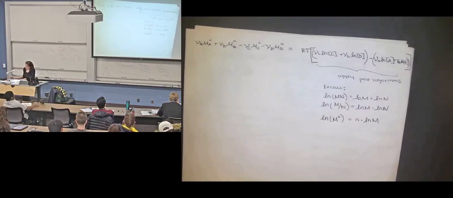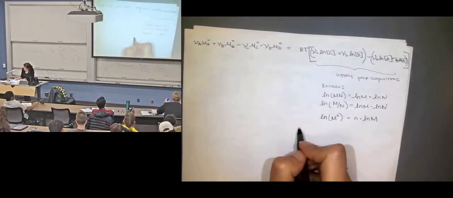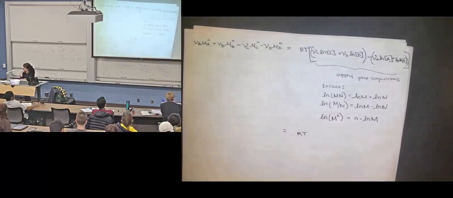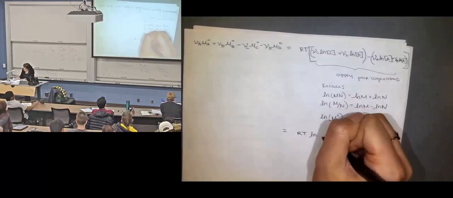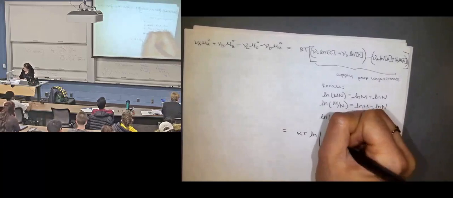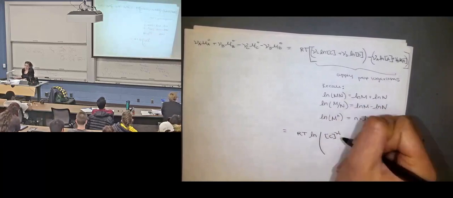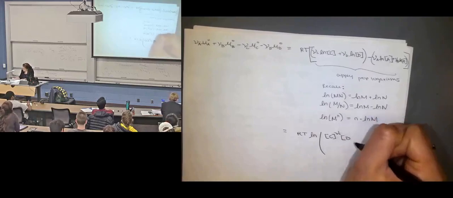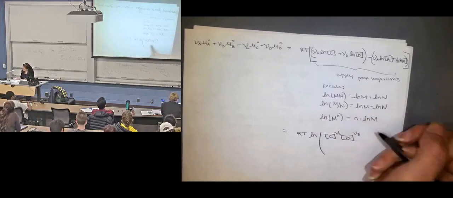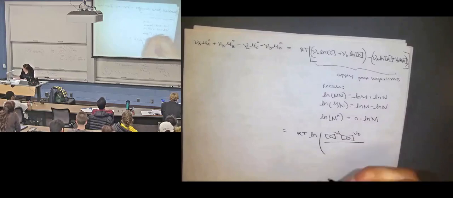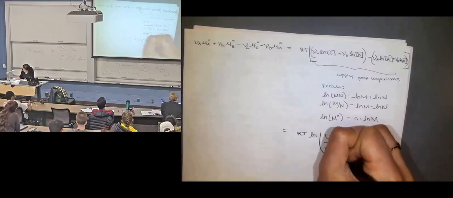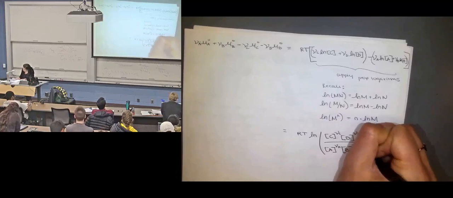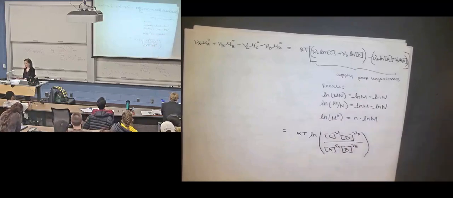And so when I rearrange everything on this side, I have RT. When I apply all my log properties, I have the natural log of the concentration of C raised to the stoichiometric coefficient of C times the concentration of D raised to the stoichiometric coefficient of D over A raised to its stoichiometric coefficient and B raised to its stoichiometric coefficient.